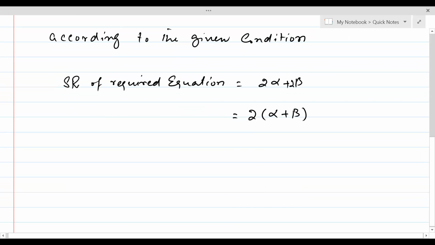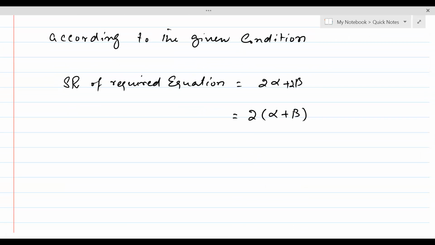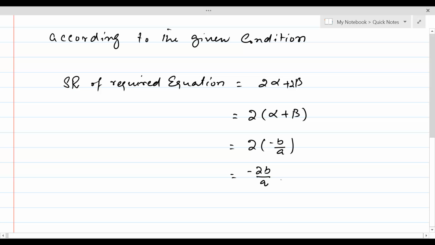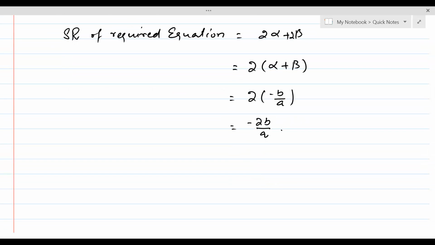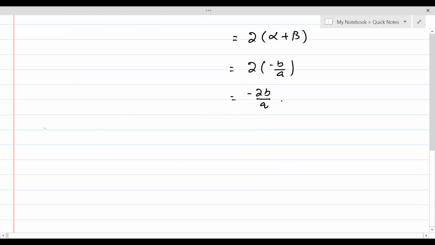So here we can substitute the value of alpha plus beta, which will give us 2 times minus b over a. So this is equal to minus 2b over a. Also, product of roots of required equation.